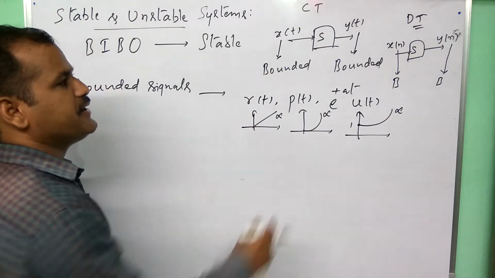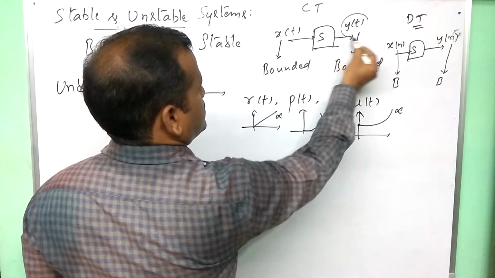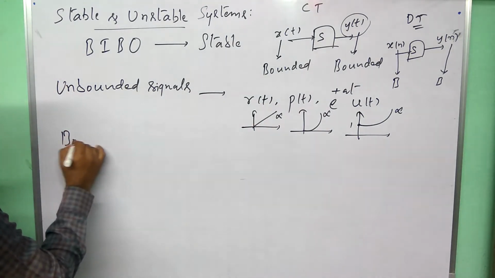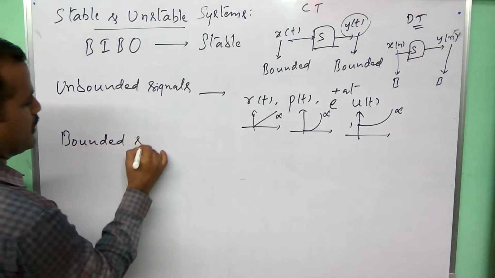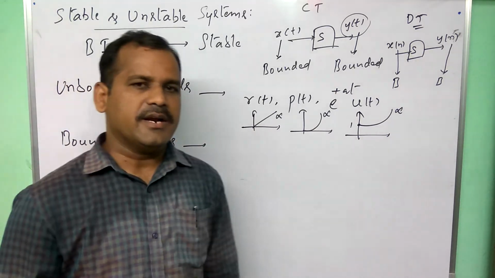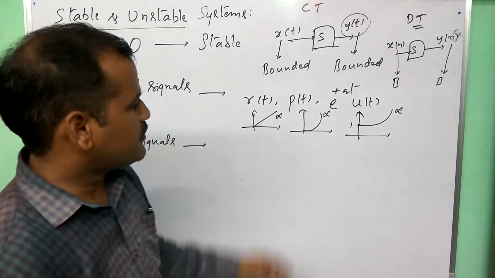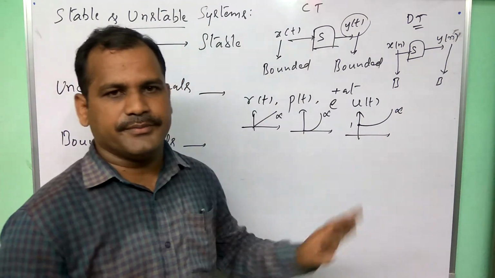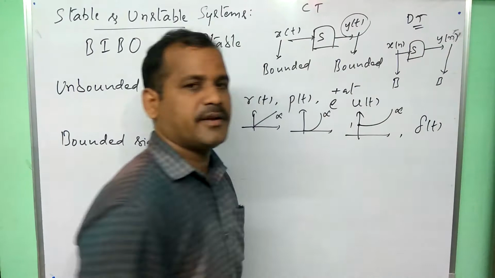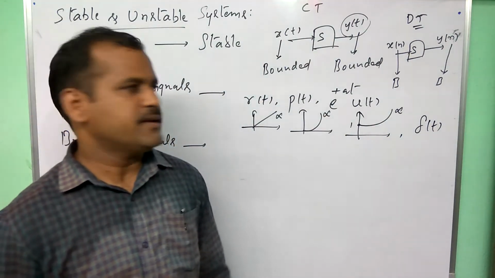But of course, we can consider these signals for the invertibility verification. Remember that. Anyhow, you can apply bounded signals; all the remaining basic elementary signals you can consider. We have 10 basic elementary signals. Out of those, just exclude these. Of course, the impulse function also goes to infinity at t equal to 0. That also don't consider, it is an unbounded signal.